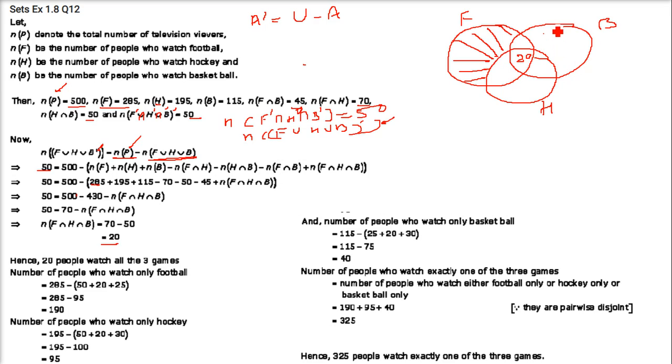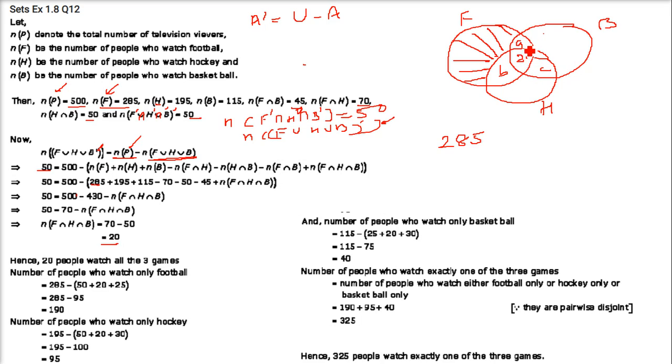And how do we get it? Let us say this is A, this is B, this is C. This total F is 285.